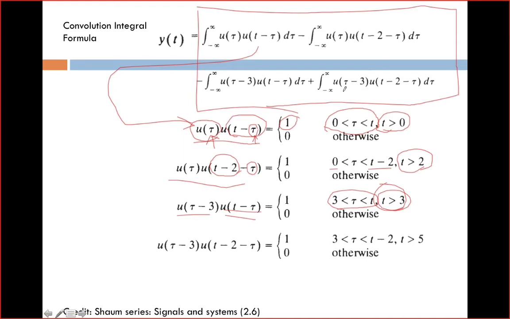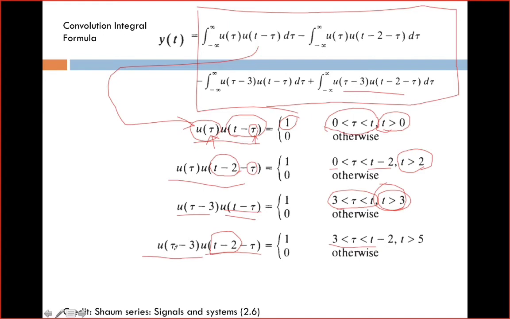Likewise, the last function is u of tau minus 3 into u of t minus 2 minus tau. So here we have already discussed u of tau minus 3. Here tau is in between 3 to, listen, it's very important, because here there is some delay in the independent variable t, hence you cannot directly write up to t.